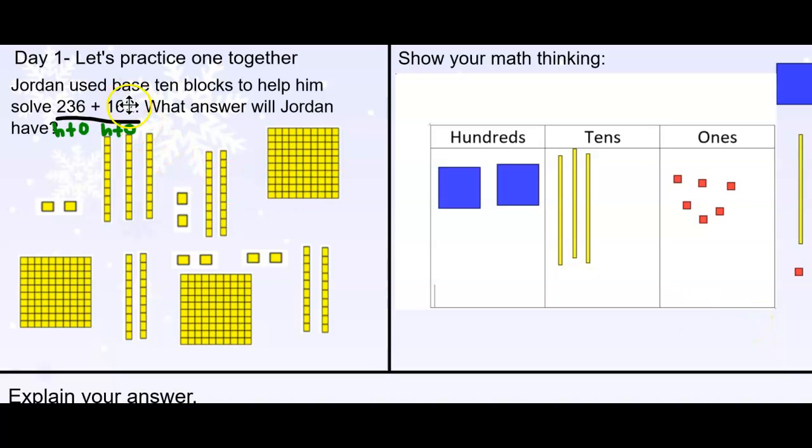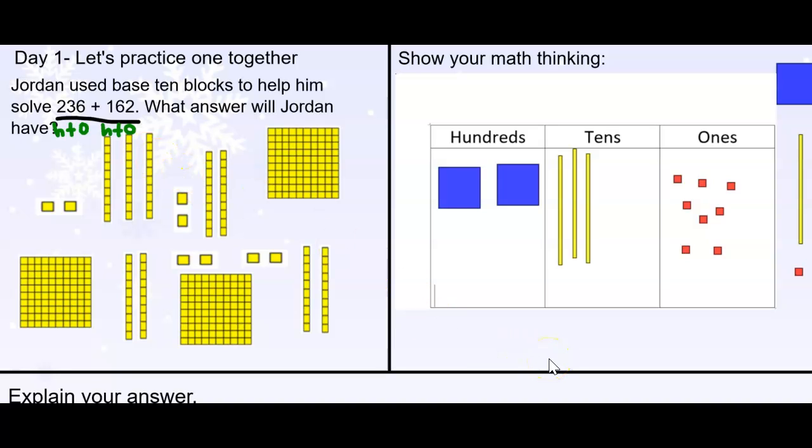How many more ones do we need, boys and girls? That's right, 2 ones. Can you help me count? 1, 2. Great job. How many tens do we need? Yes, 6 tens.